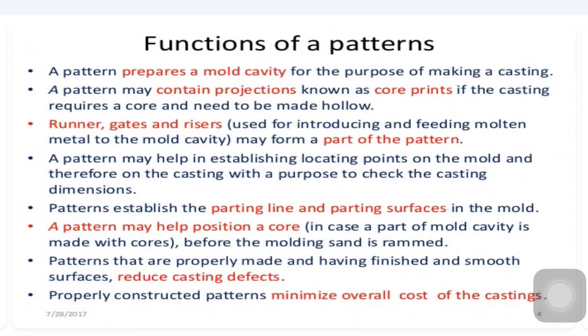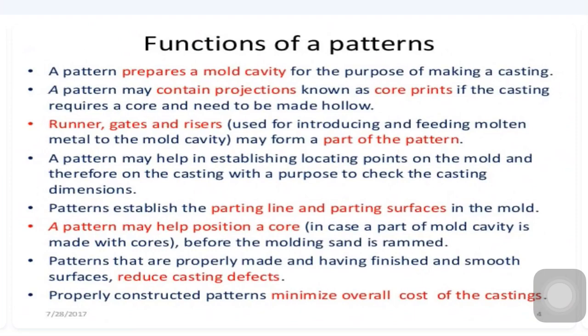So next, a pattern establishes the parting lines and parting surface in the mold. In the previous lectures we discussed that in certain cases the casting object you have to manufacture is huge, right. There are certain limitations that come with your application: a very big pattern you can't make in a single piece.